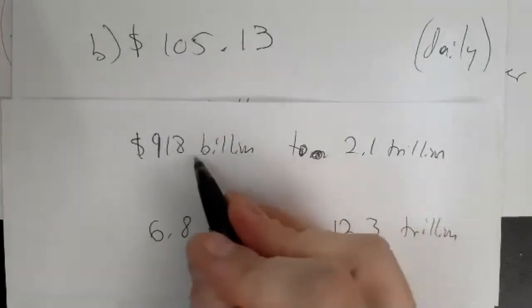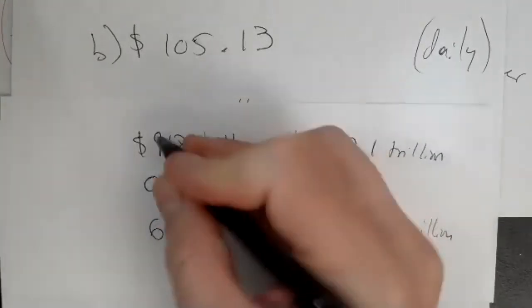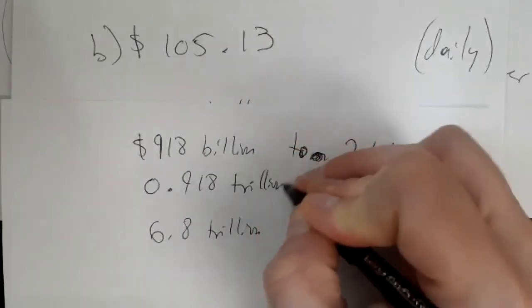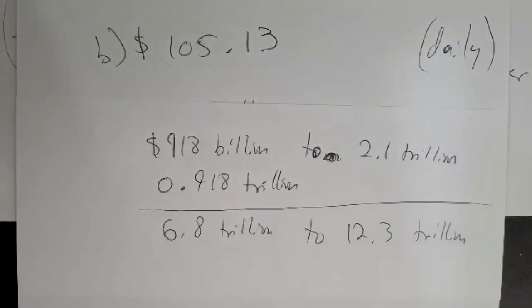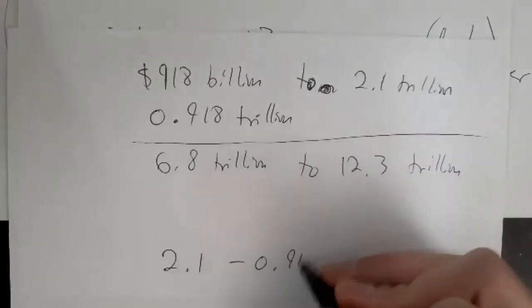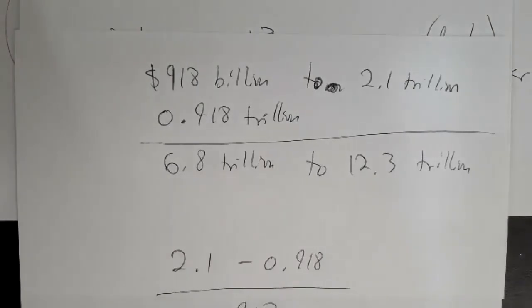So this is billion. If I want to convert this to trillions, that might be the easiest thing to do. I want to move this 3 decimal places to convert it to trillions. If you want to convert this to trillion right off the bat, that's probably what I would do. It would probably help you. 0.918, and we want to know the relative change, the percentage change in this thing.